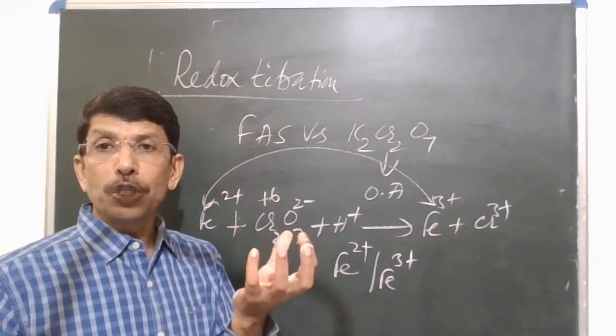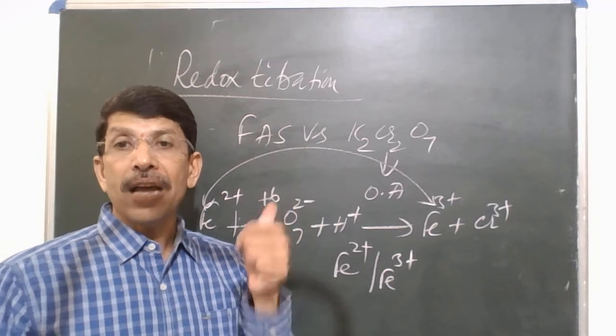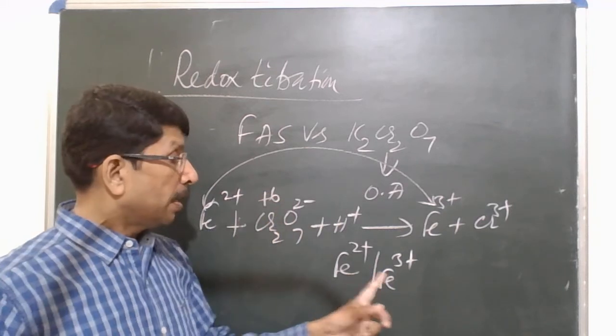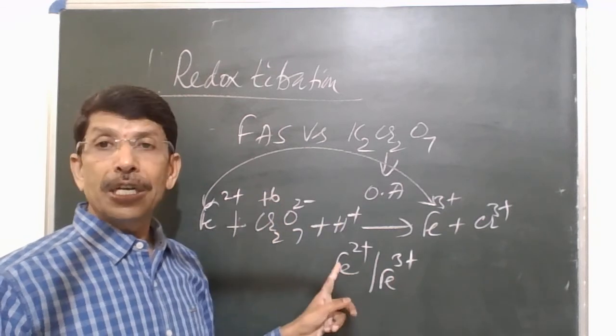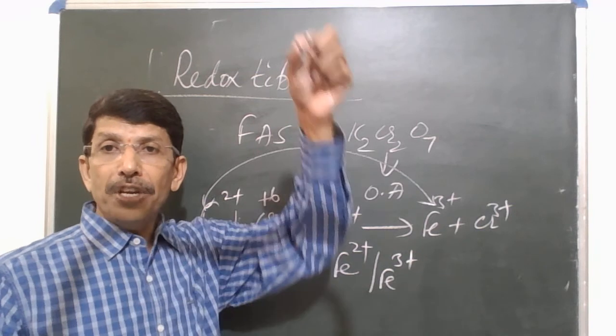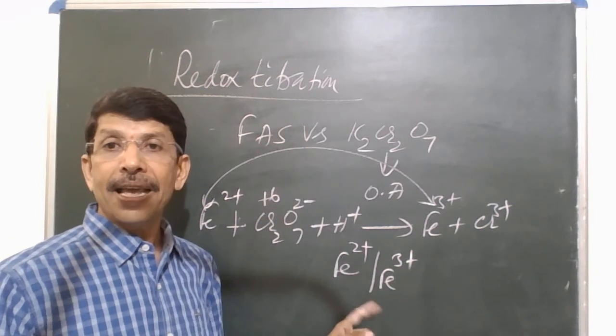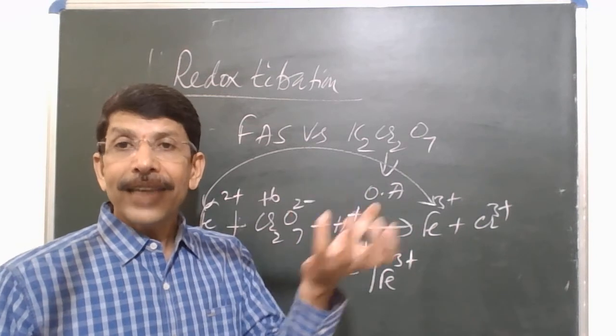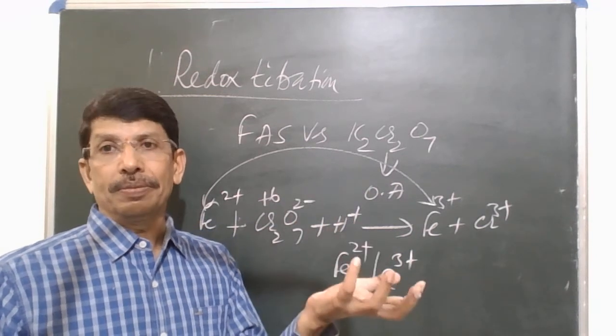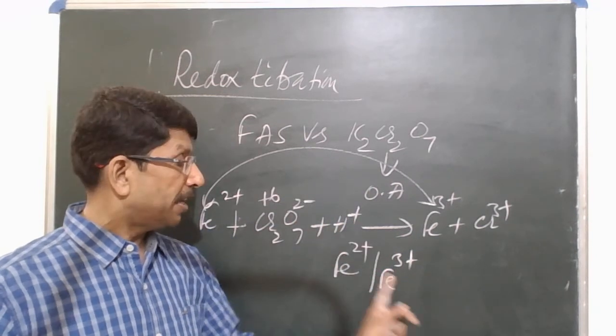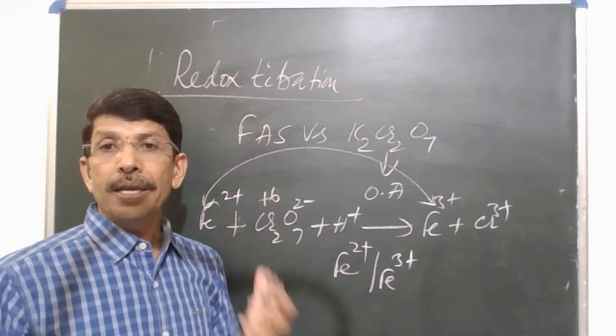So along with Fe2+ ions, we now have Fe3+ ions. So you have both an oxidized and a reduced species. If you insert a platinum electrode into this solution containing Fe2+ and Fe3+ ions, it acts as a redox electrode, whose potential depends upon the ratio of these ions.